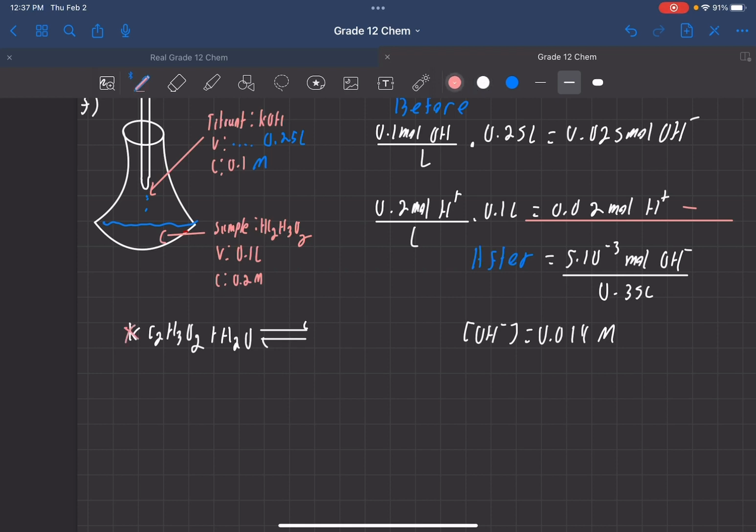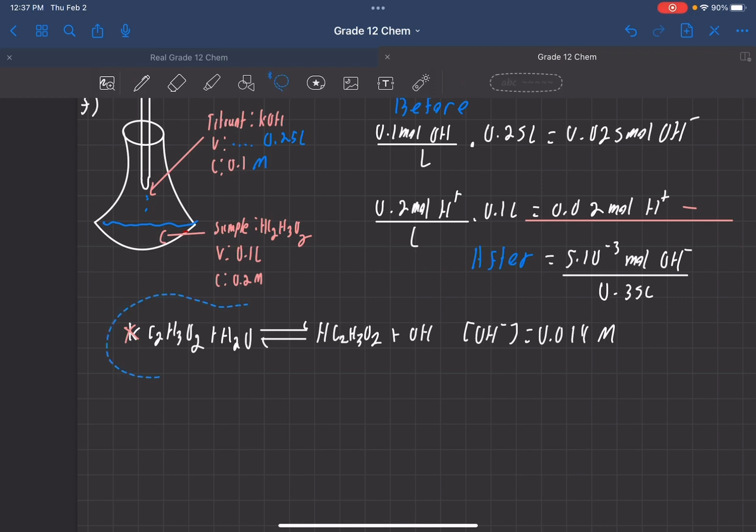This K does not hydrolyze with water. It won't take or give a proton to the water, making it useless. So we're only looking at this ethanoate ion, and it's going to take an H plus from the water, forming ethanoic acid, so HC2H3O2, plus more hydroxide.